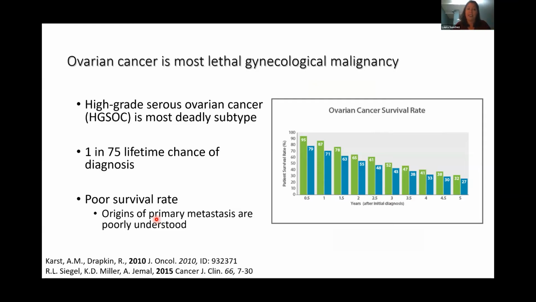It's typically caught very late stage, and because it's caught late stage, it has a poor prognosis. If we can catch it earlier, you have a much better 5-year survival rate, upwards of 90%. So we really need to look at these early events to see where we can intervene and design interventions if possible.